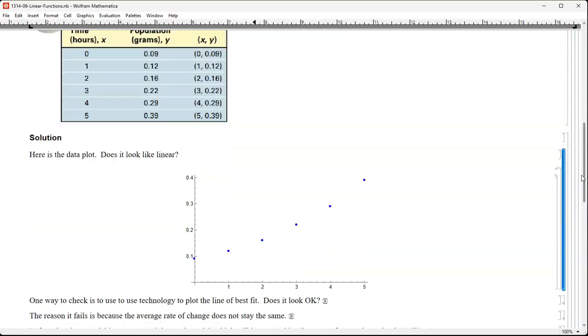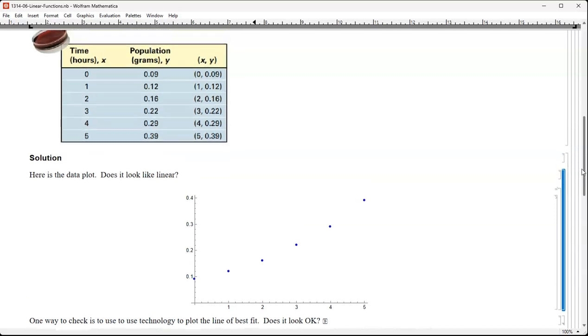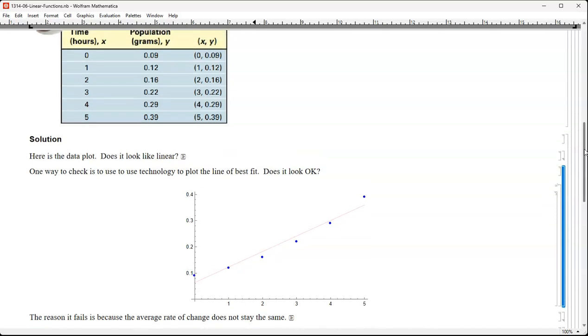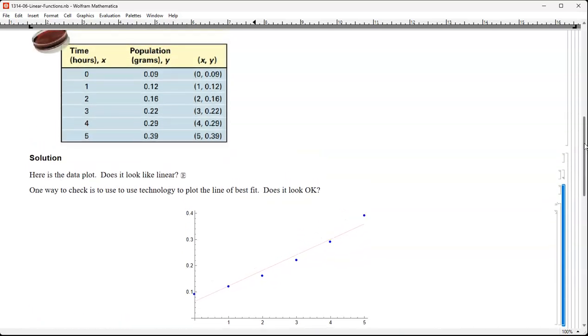We're going to get this. Does it look like a line, a linear model? Well, it's a little bit hard to tell. At first glance, it doesn't look like it, but we'll see. If you use technology to get the line of best fit, in other words, a line that minimizes the error. The error is vertical difference, not geometrical difference, of those points and the line.